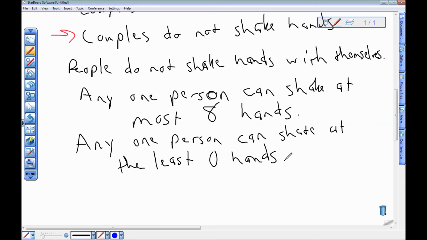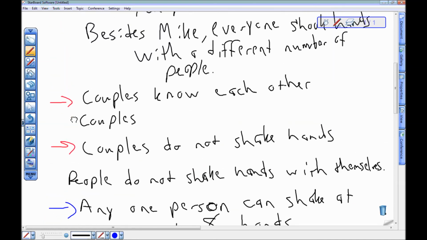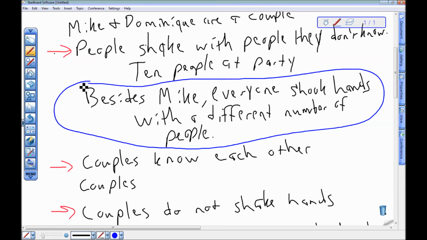Look at this. I know at most I've got 8 shakes, at least I've got 0 shakes. Let's go back to this statement: besides Mike, everyone shook hands with a different number of people. At most I could have 8 handshakes and at least I could have 0.